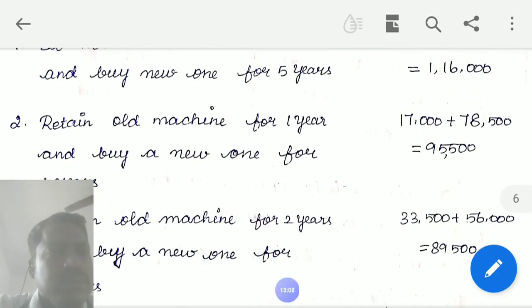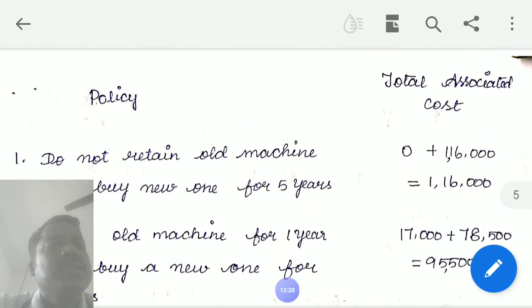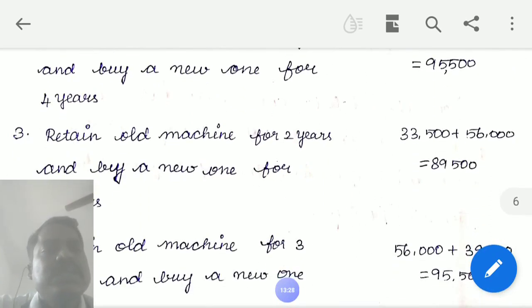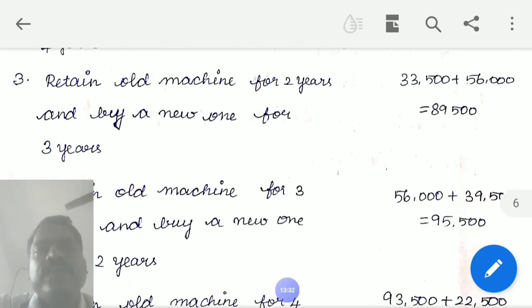Therefore, policies 1, 2, 3 have total associated cost less than the other policies. Therefore, policy 3 has the lowest total associated cost of policies 1, 2, 3. Therefore, policy 3 is the best economic policy of this problem.